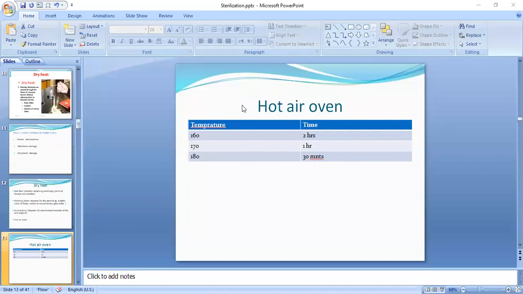So the hot air oven is a method of sterilization, and the specifications are these. On this side is the temperature, on this side is the time. So you have to memorize the temperature and the time.